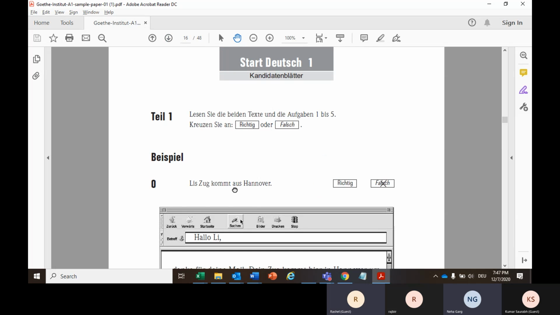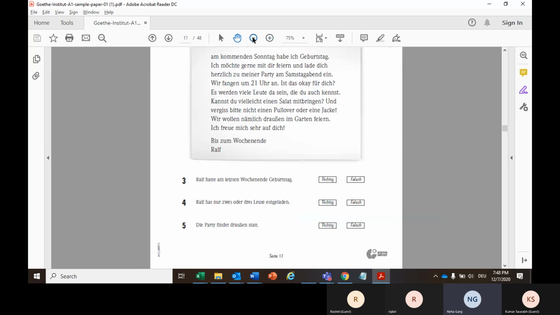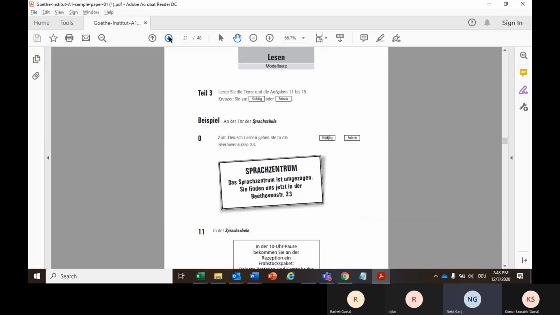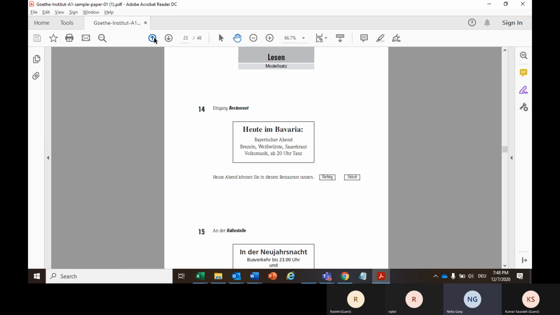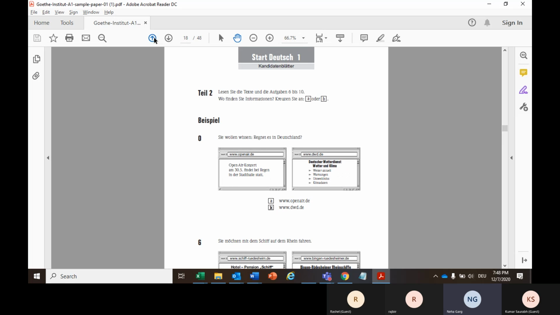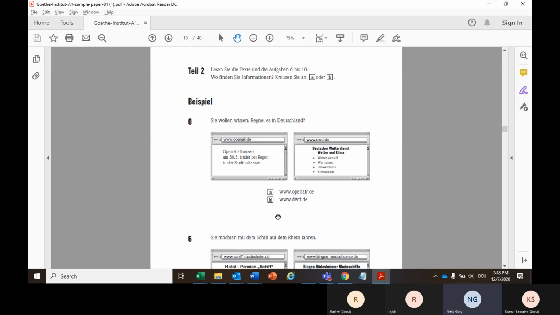Now, if we talk about this section, which is Lesen, in Lesen also, es gibt drei Teile. In Lesen also there will be 3 Teile, and there will be different information given, and then based on the given information, you have to mark the correct answer.